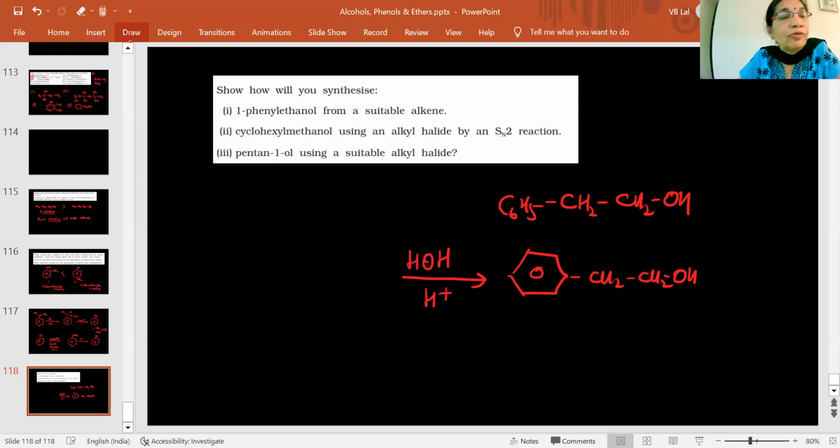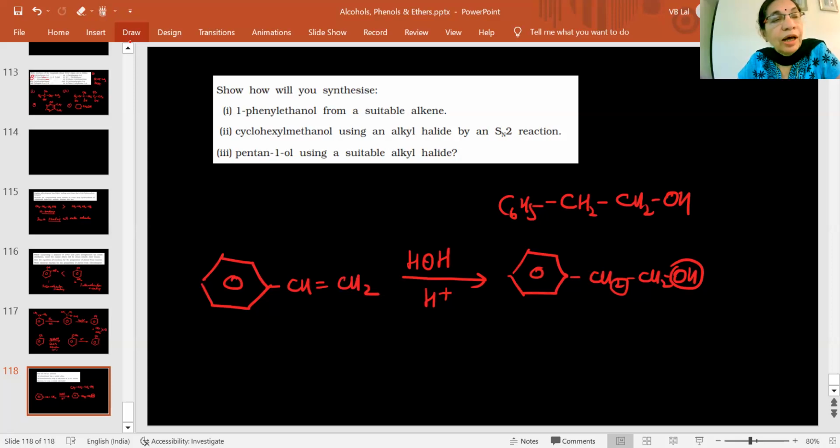So from here, if I remove water, OH and H, which alkene will I get? CH double bond CH2. So this is 1-phenyl ethene, commonly known as styrene. So styrene on addition of water gives me 1-phenyl ethanol.